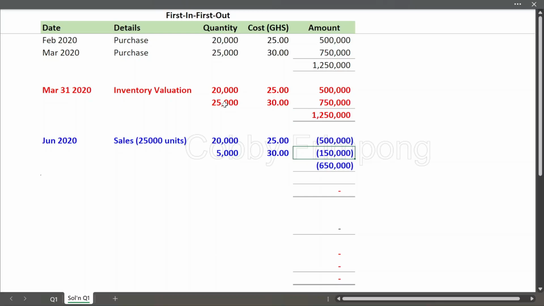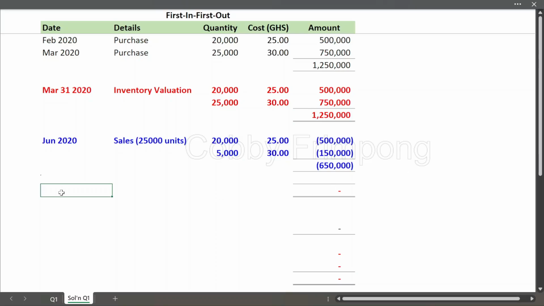Let me make this clear. The 25 Ghana cedis and the 30 Ghana cedis here are not the sales price, but rather the cost of sales. So for this sales transaction, we are going to have a total cost of sales of 650,000 in our profit or loss account. So this is how the sales transaction will be set out.